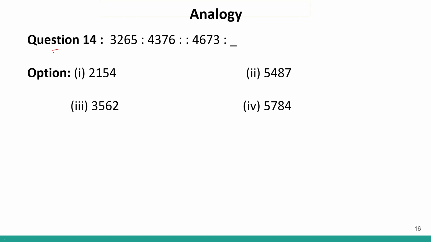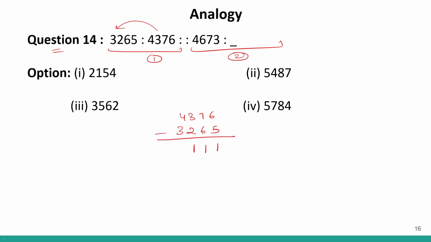Okay, question number 14. This is the first pair, this is the second pair. We have to find the missing element. Now, if I see bigger numbers, I assume that we have to either check the difference or the sum. So let us check the difference between these two numbers. We have 4376 and 3265. If I subtract, I will get 1, 1, 1, 1. So we are adding 1111 to the previous element to get the next element.